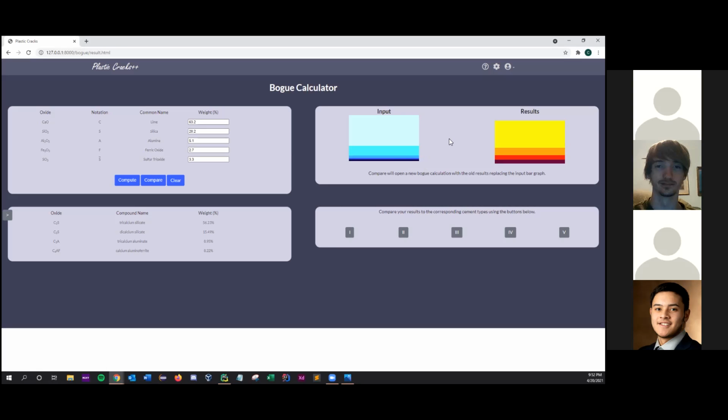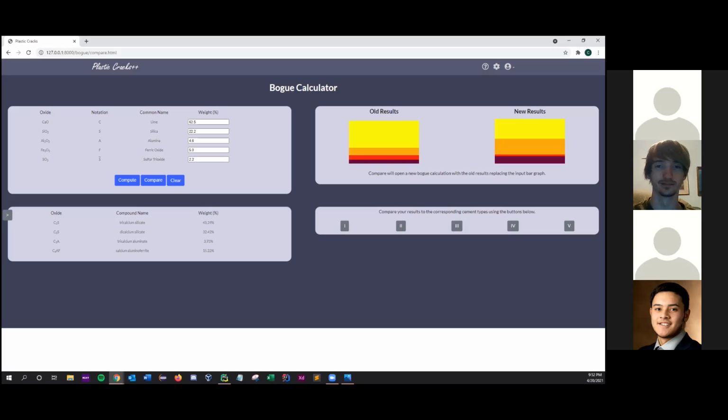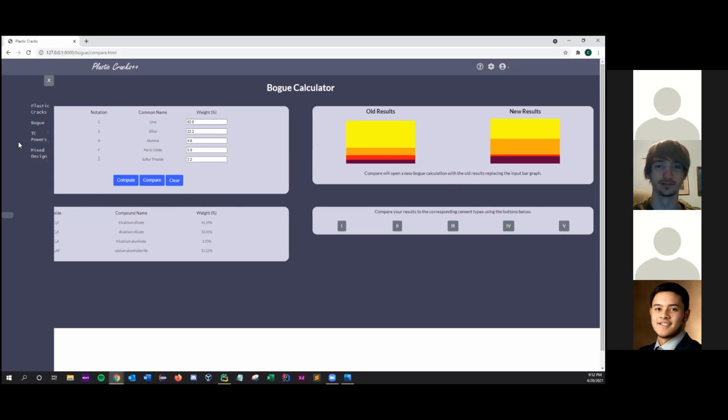Now, after we have done a calculation, if we click, say, 4, it will compare whatever the old result was to a type 4. So the bar graph on the right is the result of a type 4 calculation. And that would be all for Bogue, and we will move on to TC Powers.